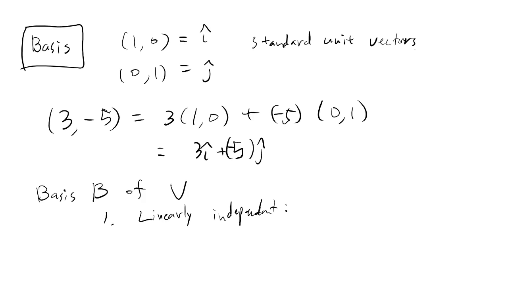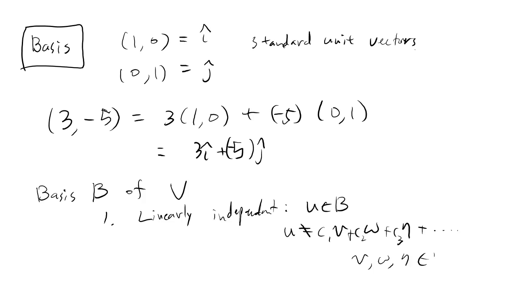In other words, it's not true that if you have one element in B, u, it can be expressed as c1 v plus c2 w and so on. You cannot express u as a linear combination of other things in this B. Okay, so it's linearly independent.